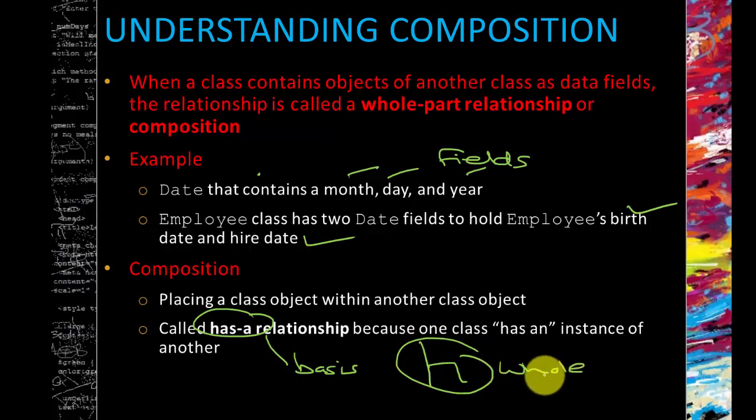Remember, in the whole part, it's always the whole, which is our big object, and our parts, which is my leg or my back or my seat, etc. Those are all my parts, and they form different classes. The back class is different to the seat class, which is different to the leg class. That's why I say chair has a back, seat, leg, etc.